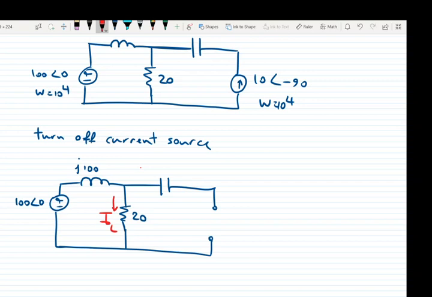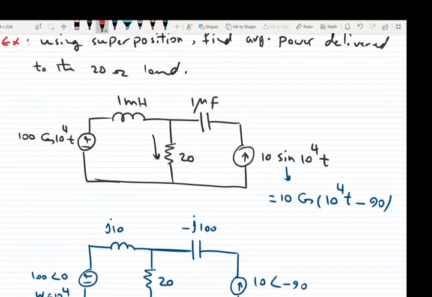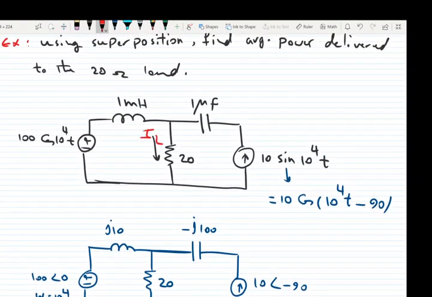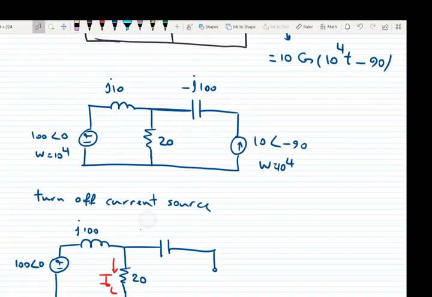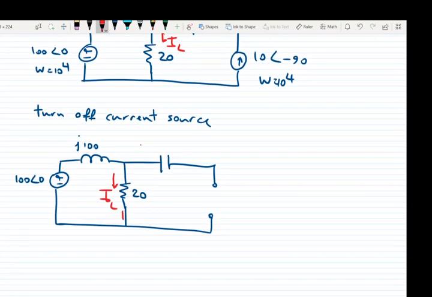L is not the inductor, it's the load. So this is IL1.